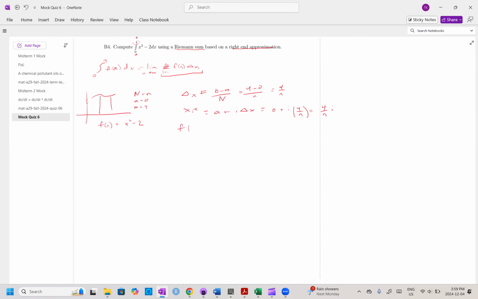Now, f of xi star is going to equal (4 over n times i) squared minus 2.